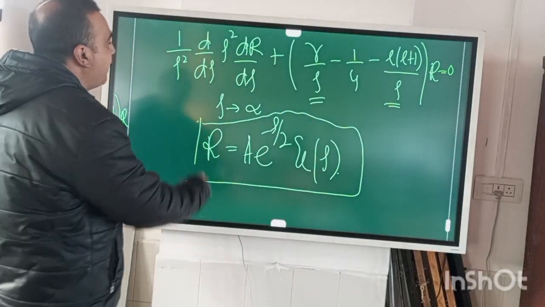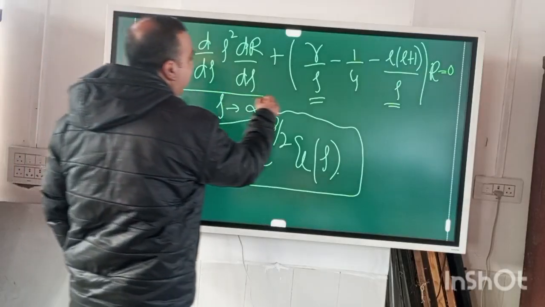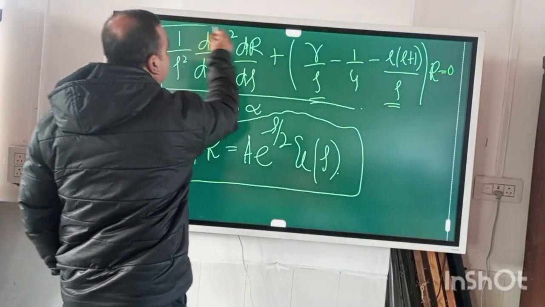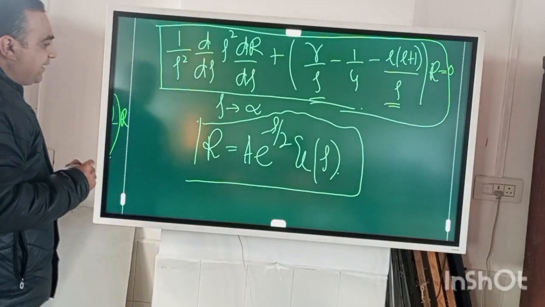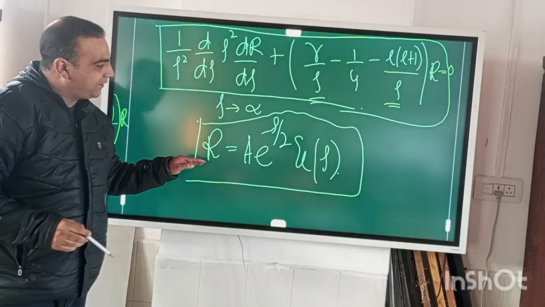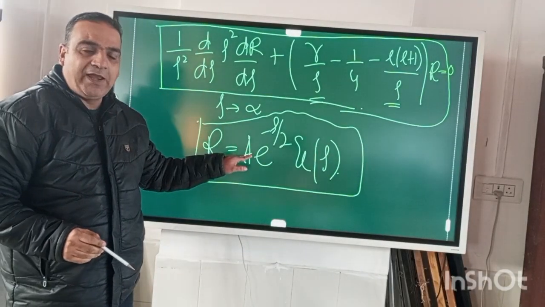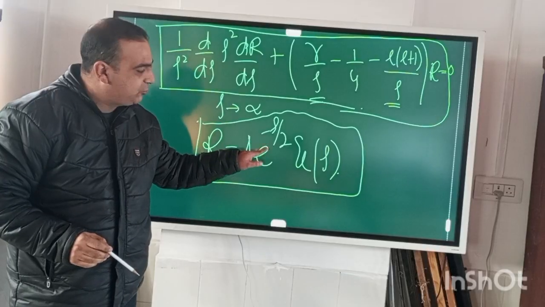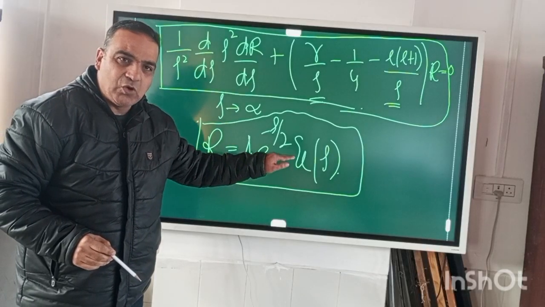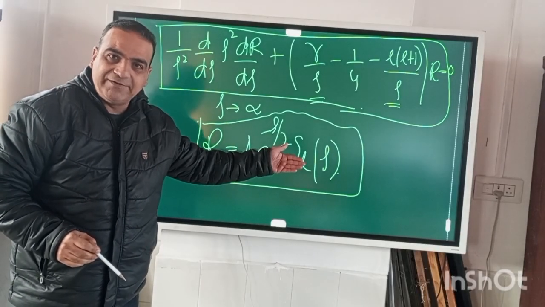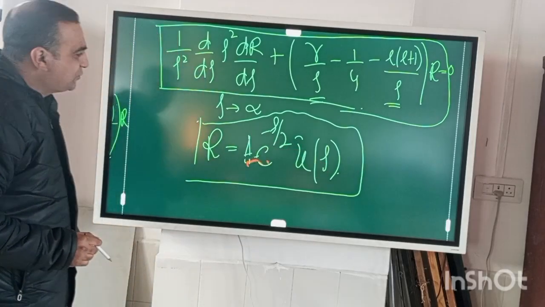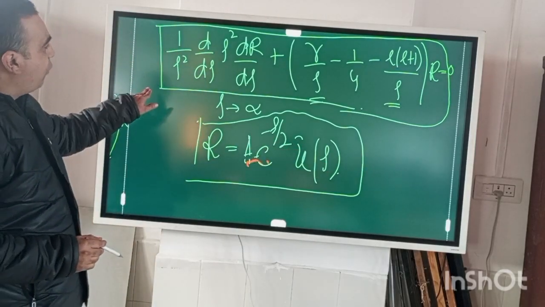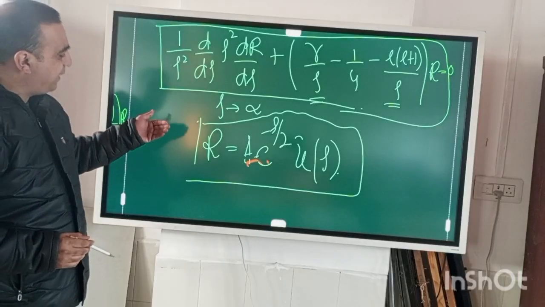So I have this equation, and this is a differential equation, and it has a plausible asymptotic solution r equal to a times e to the power of minus rho by 2 zeta of rho. So I have introduced another variable, but that variable is again dependent on rho. Clear?